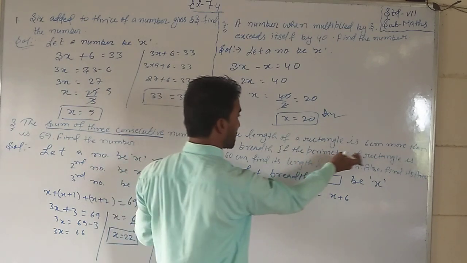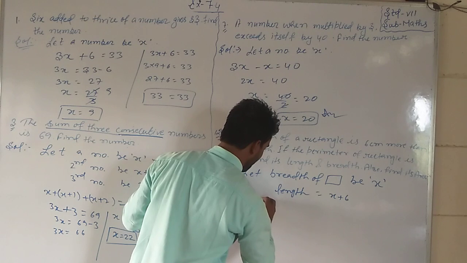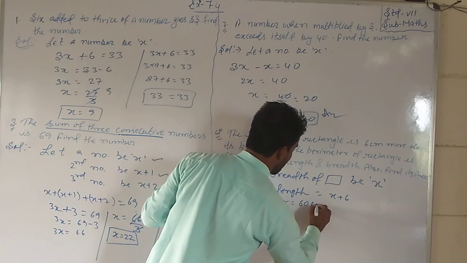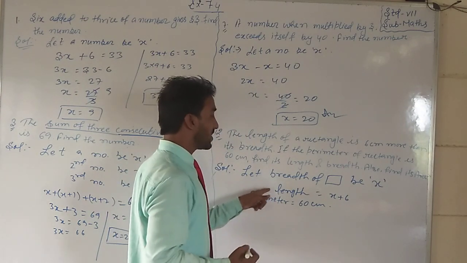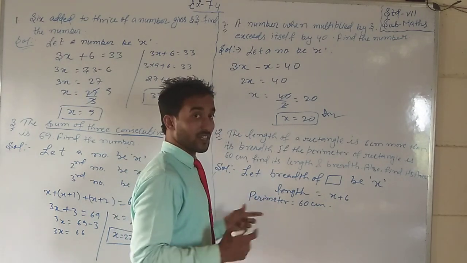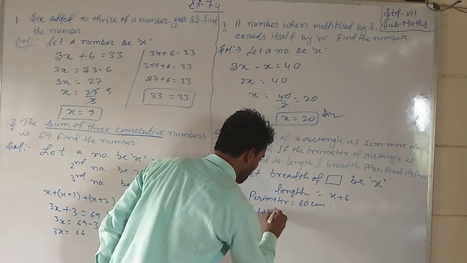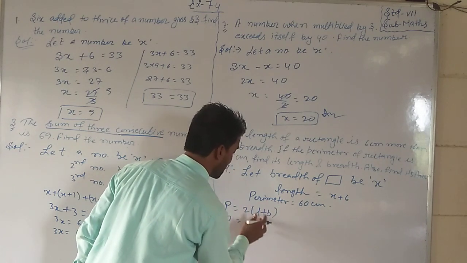Now the perimeter of the rectangle is 60 cm. Perimeter is equal to 60 cm. So we will find the length and breadth. To find length and breadth, what is perimeter? Perimeter is equal to 2 into L plus B. Perimeter is given 60 cm.